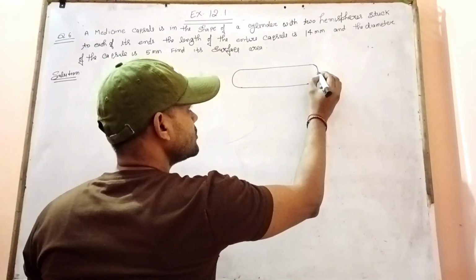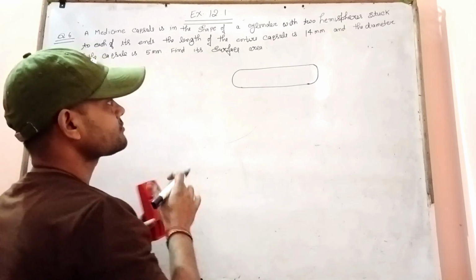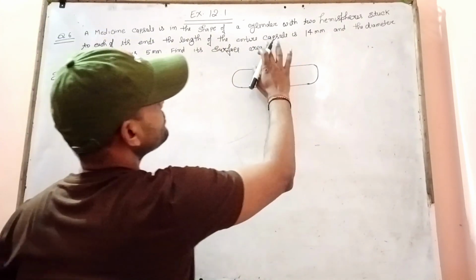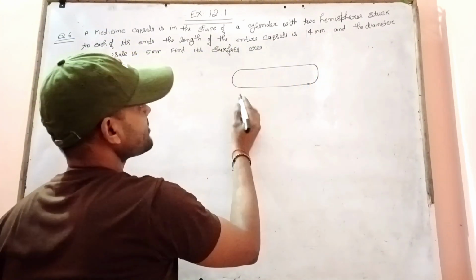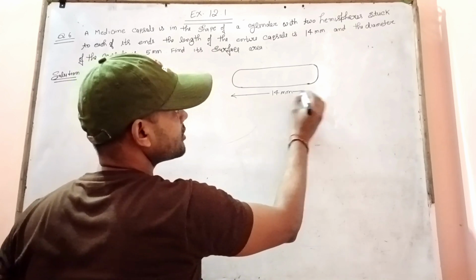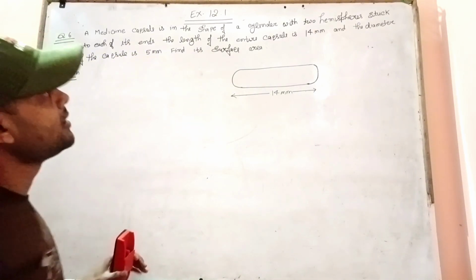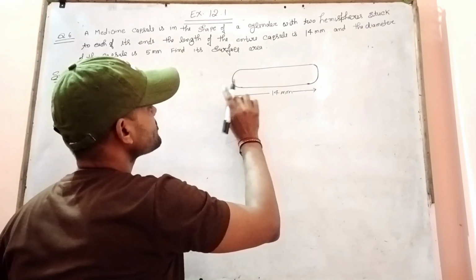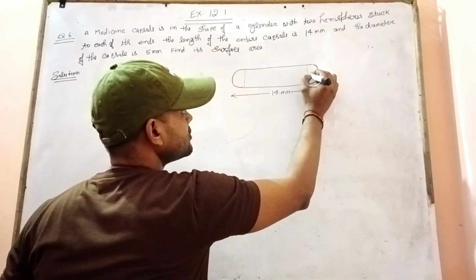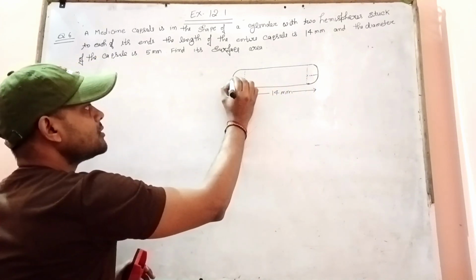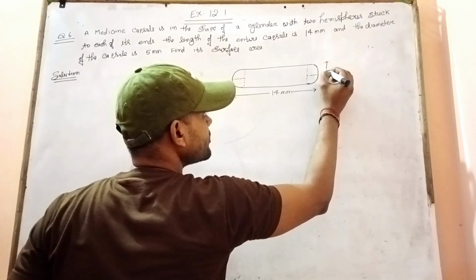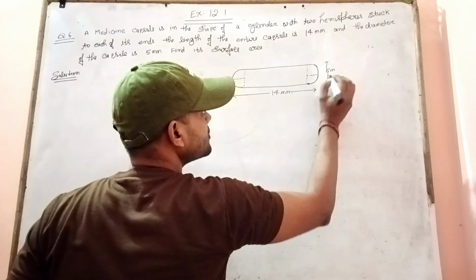The length of the entire capsule is 14 mm, and the diameter of the capsule is 5 mm.